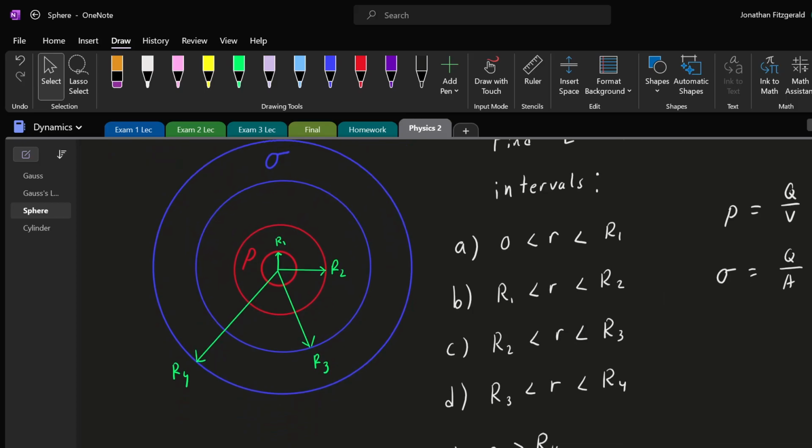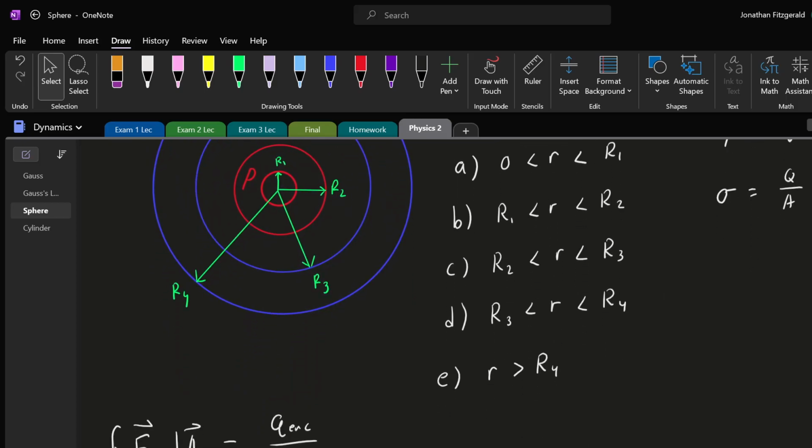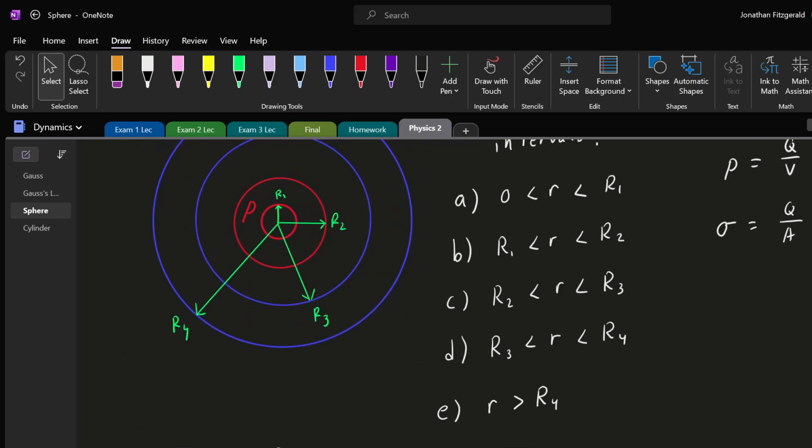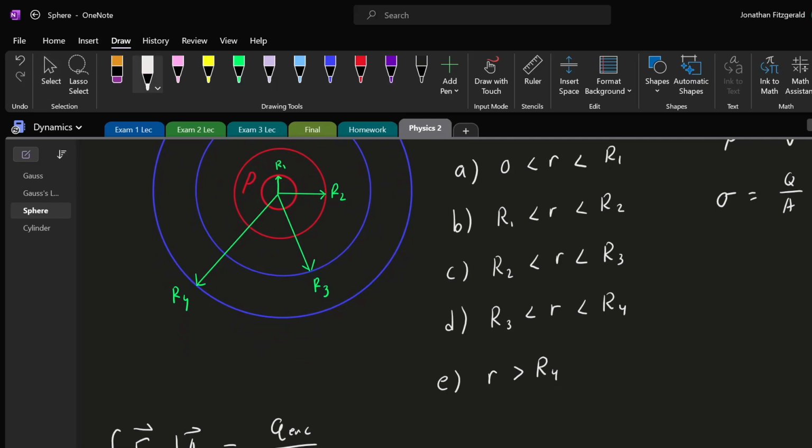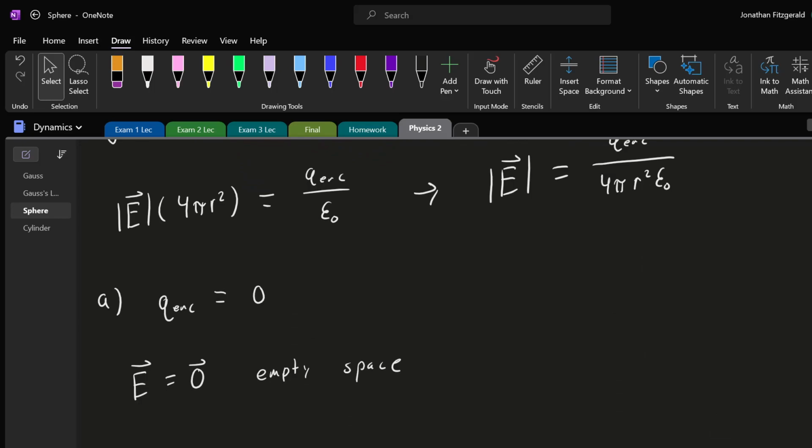All right, part B, R1 to R2. So now we do have some charge because we have this volumetric charge density, rho. So now we just follow the formula. It's the same formula every single time: Q enclosed over 4 pi r squared epsilon naught. Now what is our Q enclosed in this case?